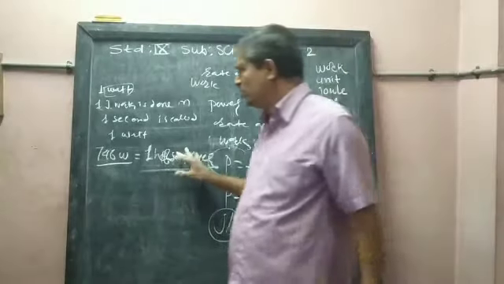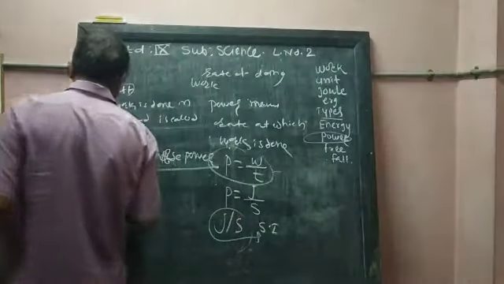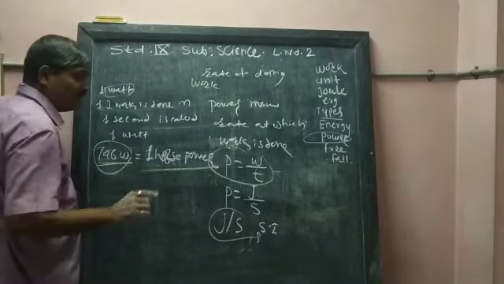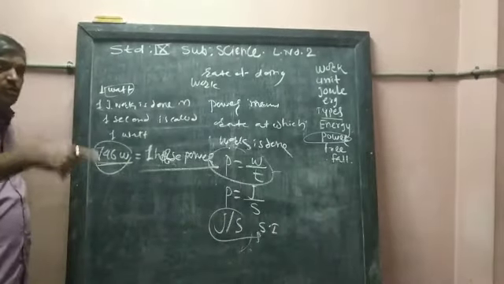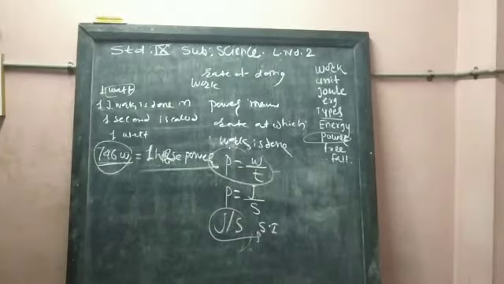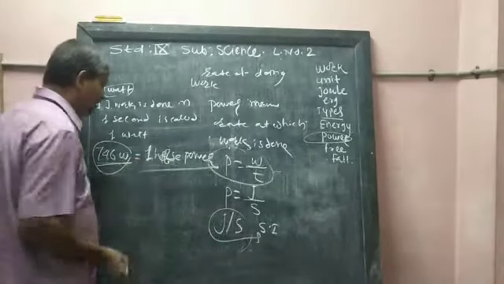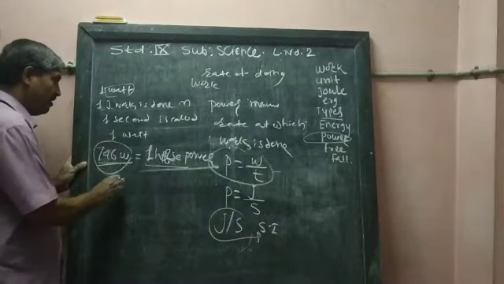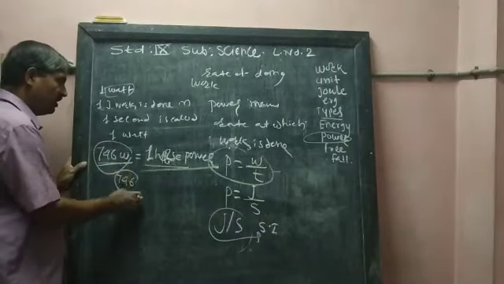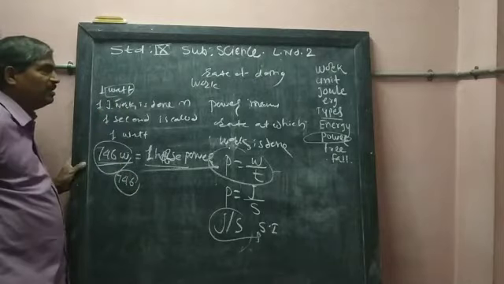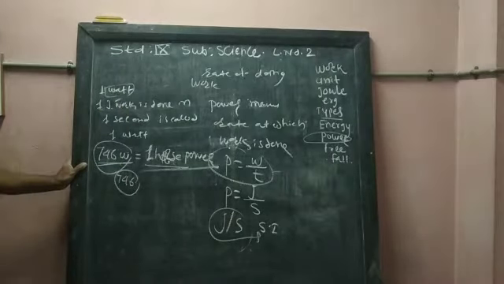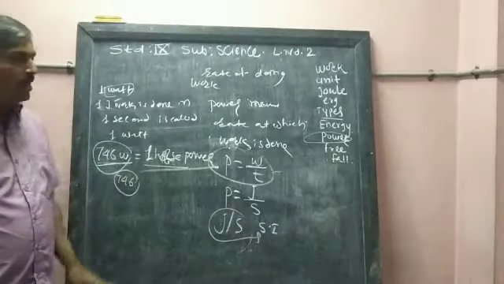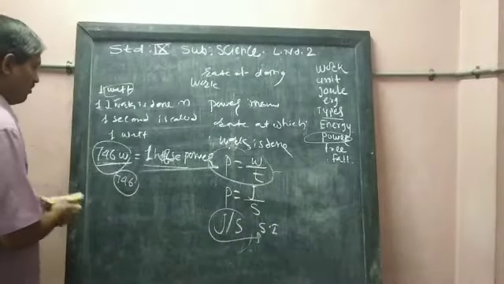When 1 horse does work in 1 second, it was measured that 746 watt of power is used. Therefore 746 watt is equal to 1 HP or 1 horsepower.